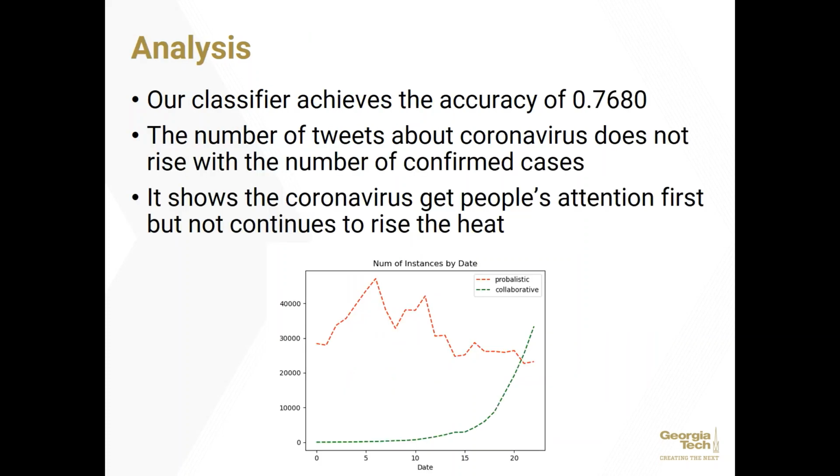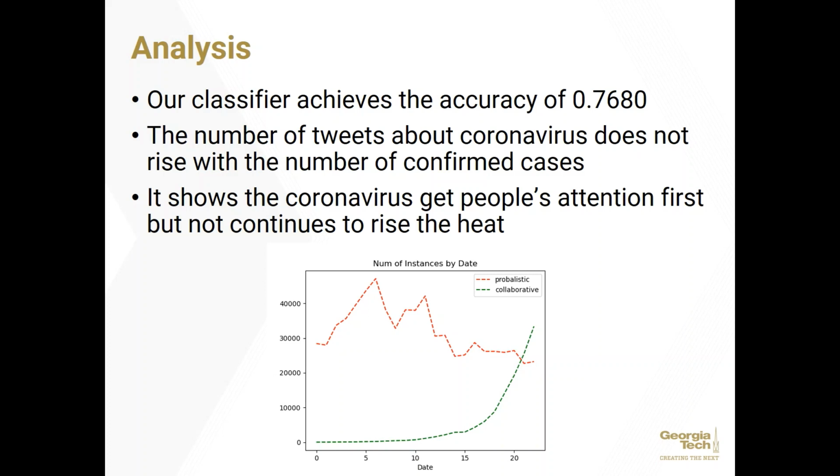Now it comes to our analysis part. First, I want to report that our classifier achieves an accuracy of 76%, and I made some extra analysis on our dataset. Below is the graph that indicates the number of tweets for each state and the number of confirmed cases for each state.